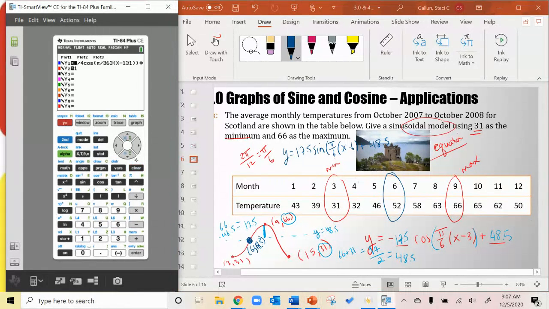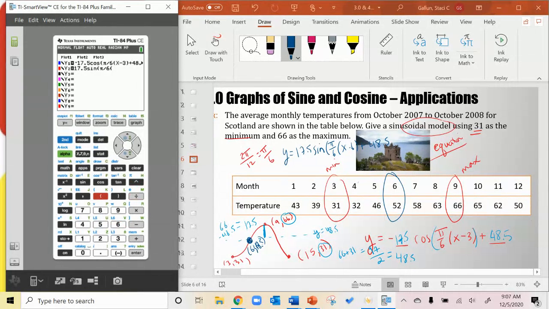Right? And let's say I wanted to graph these, to look at them. Let's put both of these in there so I can show you what it looks like. So negative 17.5 cosine of pi over 6 x minus 3 plus 48.5, and then negative 17.5 sine of pi over 6.